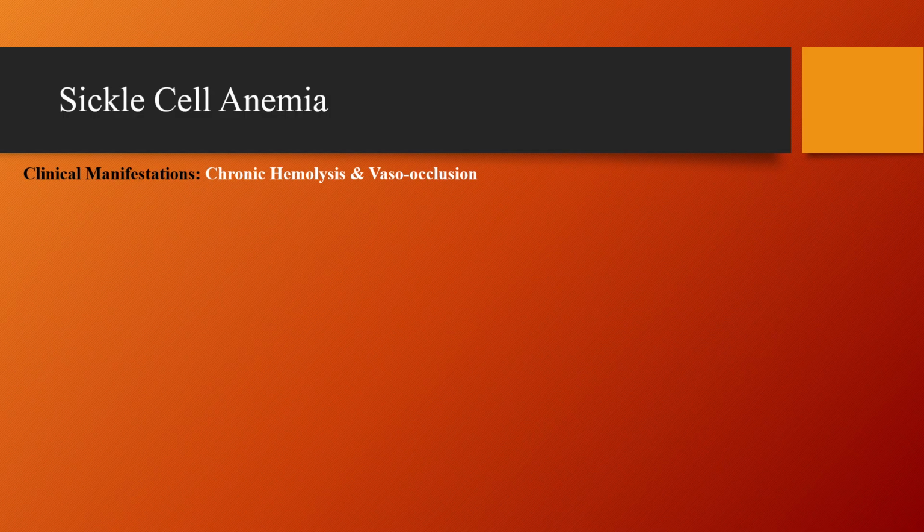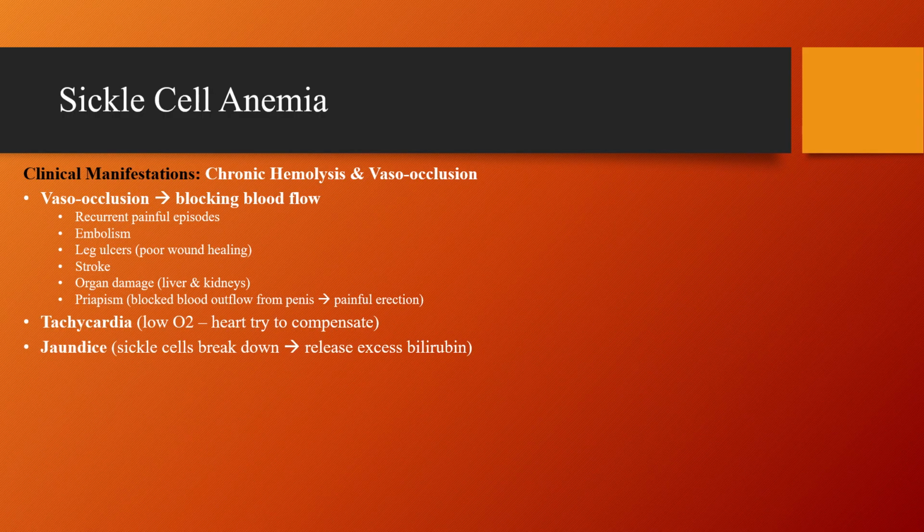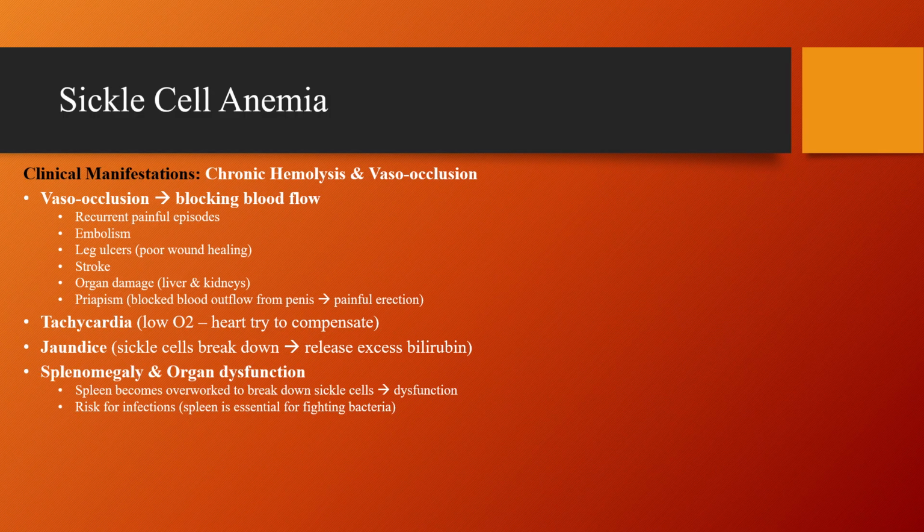There are chronic hemolysis and vasal occlusions. Vasal occlusions is going to be that blocking of blood flow. This is going to be recurrent. It can cause embolisms, leg ulcers, stroke, organ damage, tachycardia because that low O2 makes the heart have to try to compensate, jaundice because of that release of excessive bilirubin, and risk for infection.